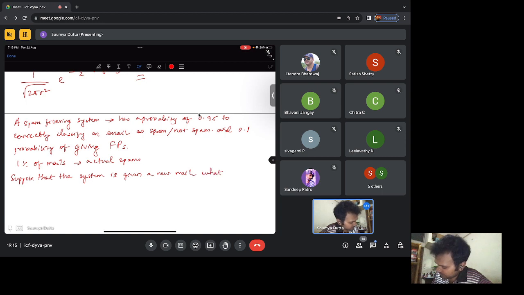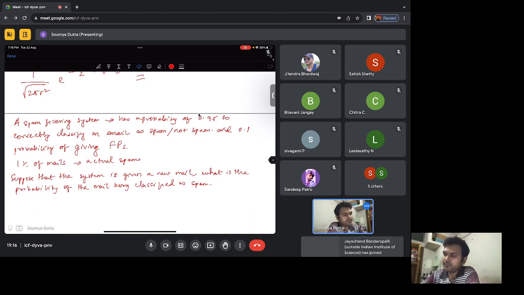What is the probability of the mail being classified as spam? Is this okay now? Is this example fine, or was it different? I think it was different, no?